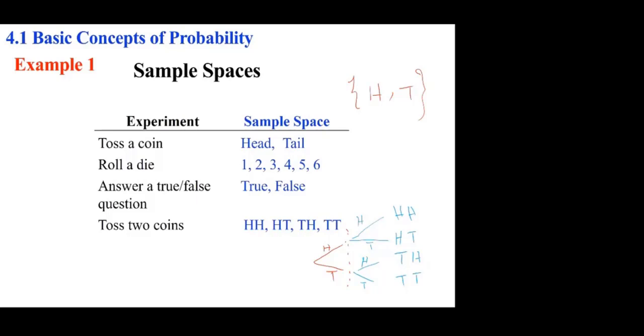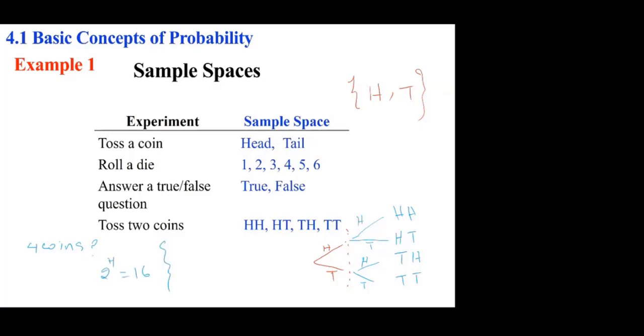So this is one way to come up with the answer. Basically, it is the number of outcomes raised to the power of the number of stages. We have 2 outcomes, and there are 2 stages because there are 2 coins, so it's 2 squared, or 4 outcomes as a sample space. If we have, let's say, 4 coins, the number of outcomes would be 2 to the 4th.